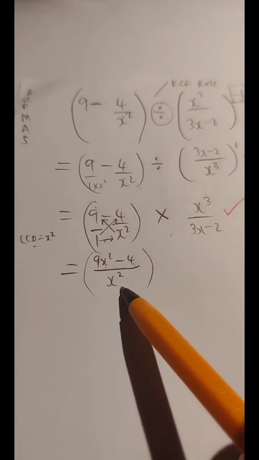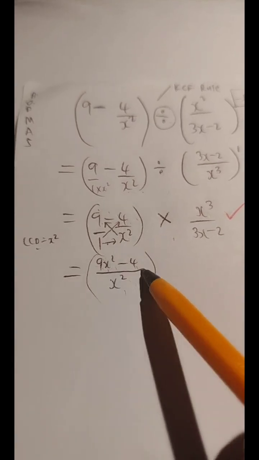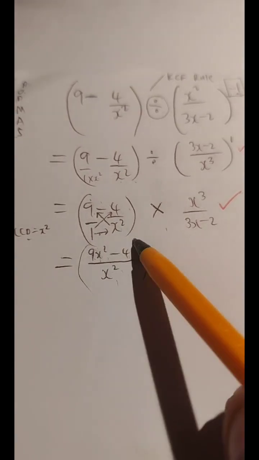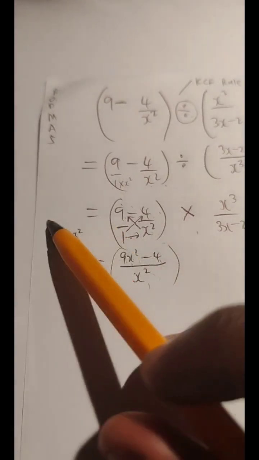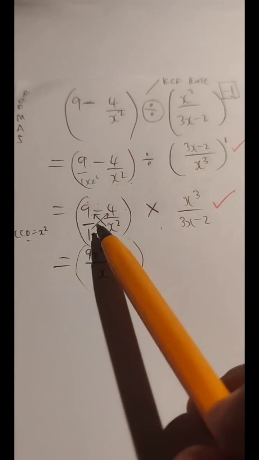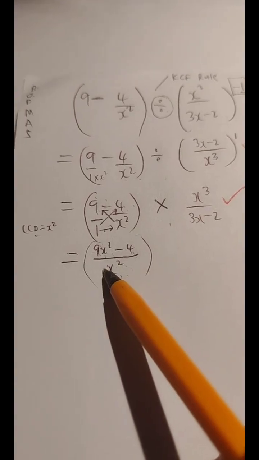And you will remember the rule about addition and subtraction of fractions. You can only add and subtract fractions in the numerator if the denominators are the same, which is why we use the LCD to form equivalent fractions that have that lowest common denominator, x squared.